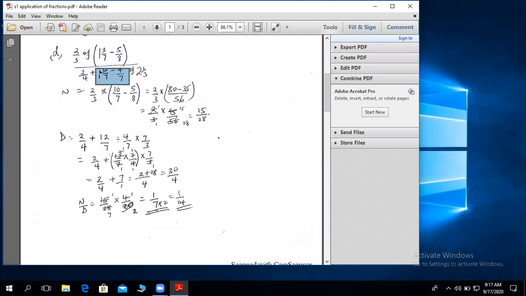So division, 1 times 7 is 7 plus 5 becomes 12 out of 7 times 7 out of 4. When I'm dividing by 4 out of 7, I'll multiply by the reciprocal, and here it is. Then I will again multiply by this, which is 7 out of 3, as you can see.